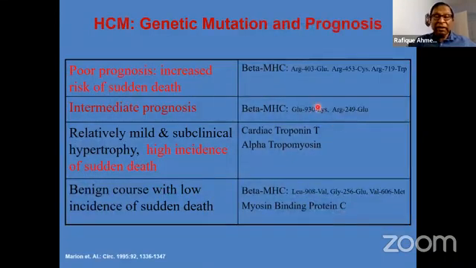And again, there are different kinds of beta myosin heavy chain defect, cardiac troponin T defect, and different kinds of actin and myosin filament defects that are causing these arrhythmias.